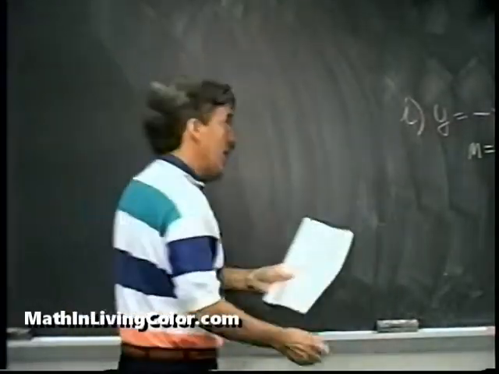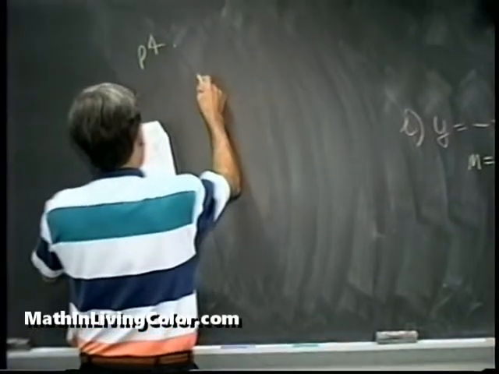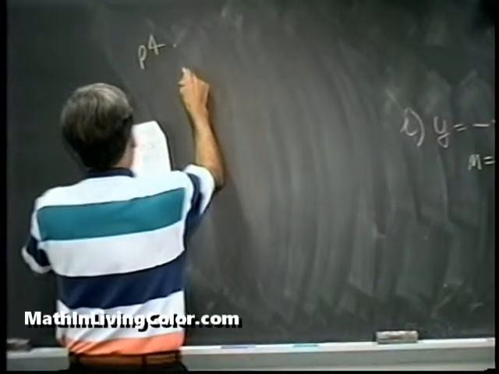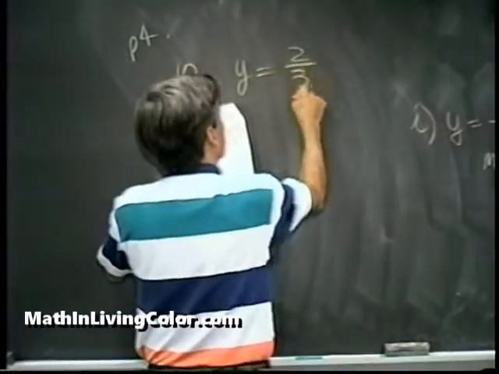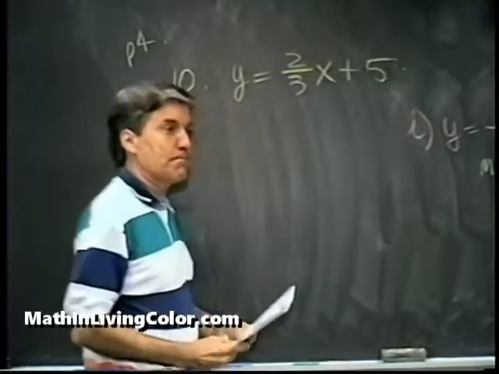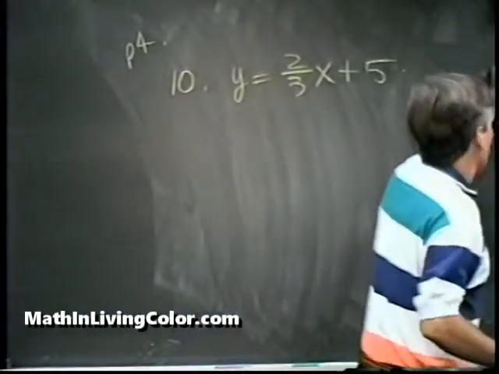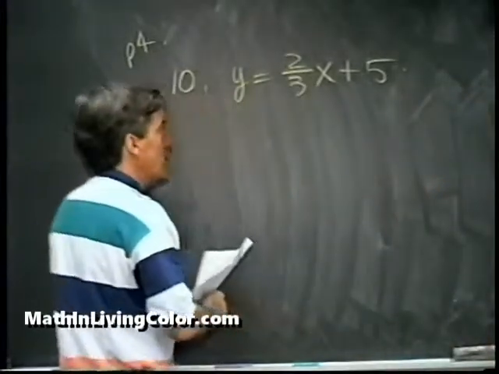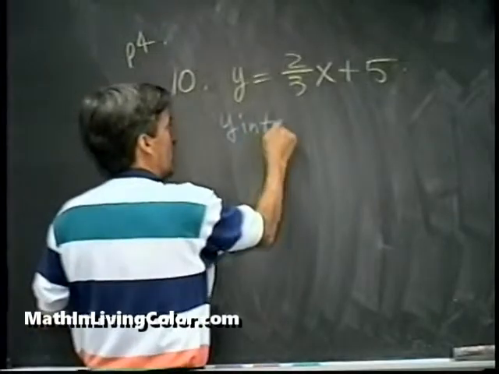So look on page 4 of the handout, and I'd like to start with number 10, which says y equals 2/3 x plus 5. Can you look at that and tell me what the y-intercept is first?